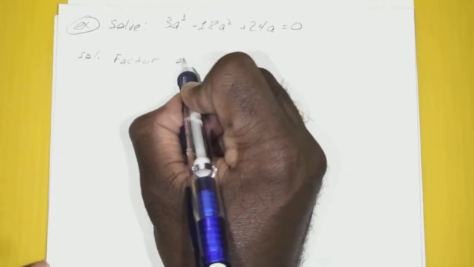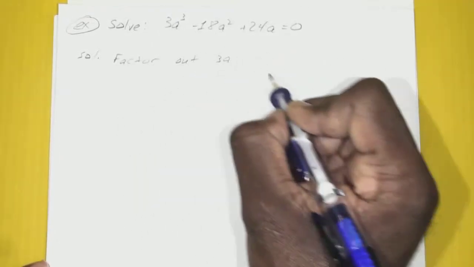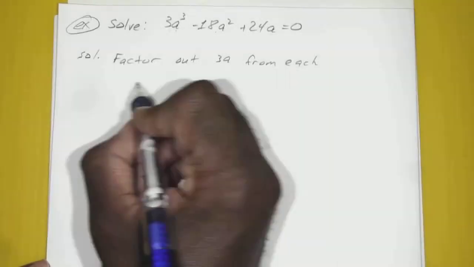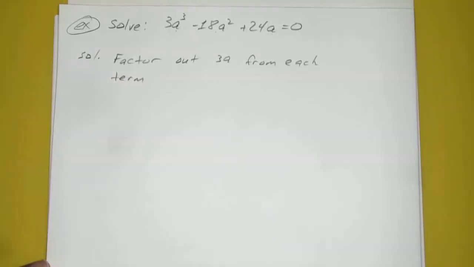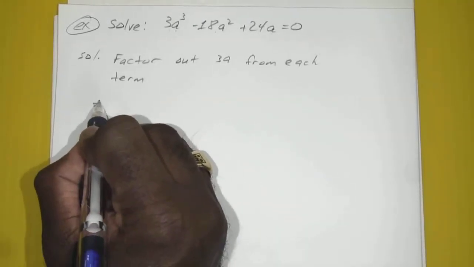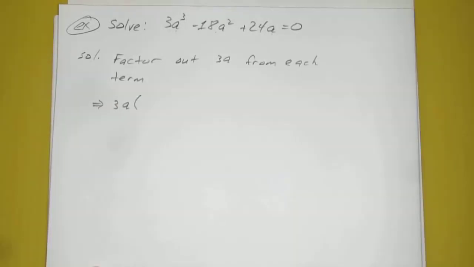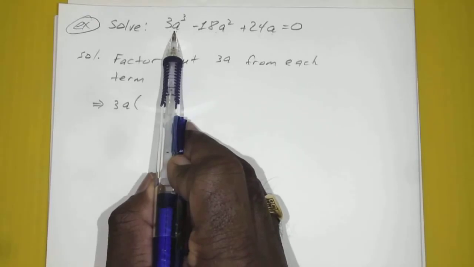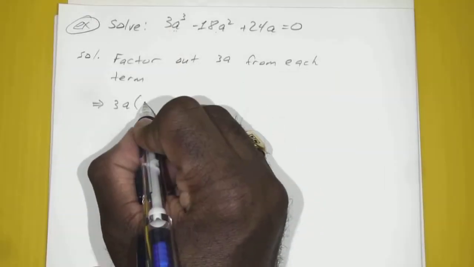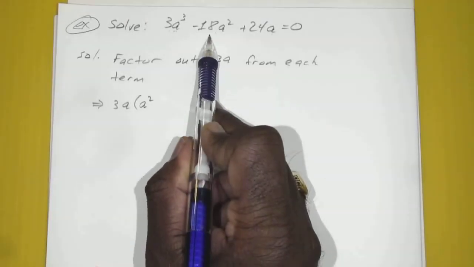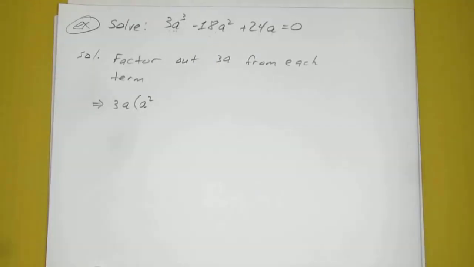Okay, so we factor out 3a from each term. Okay, so if we factor out a 3a, 3a times a squared will give us 3a to the third. 3a times negative 6a will give us negative 18a squared.